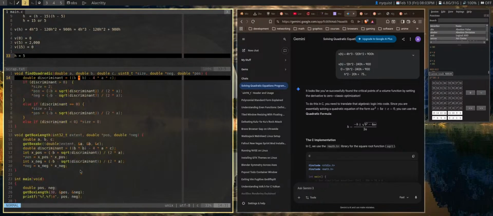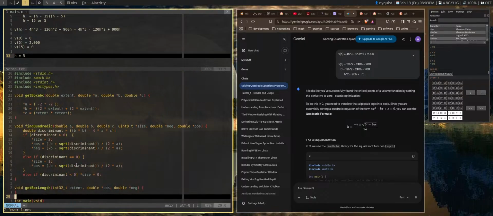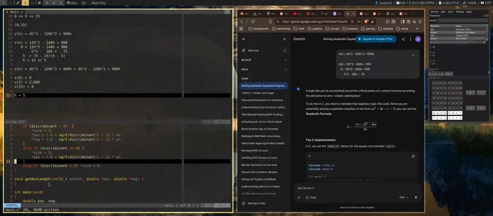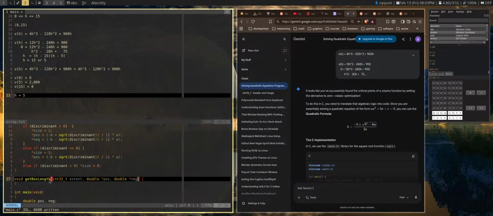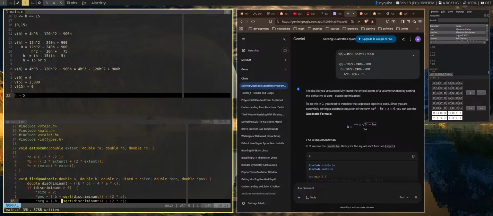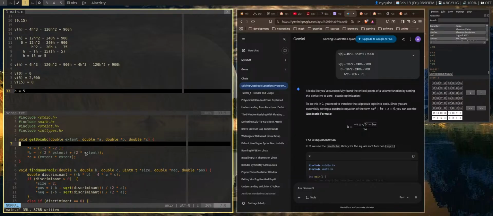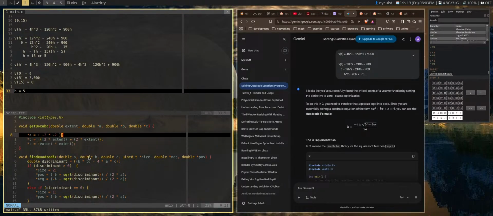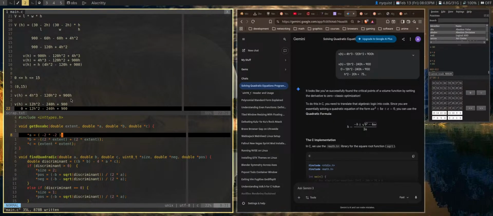Now we want to get the H for the find first deriv length. That makes more sense, I would think. But now it gets a little different.